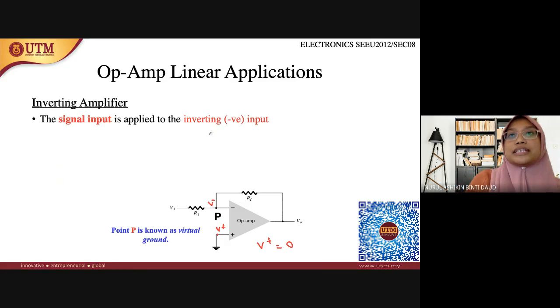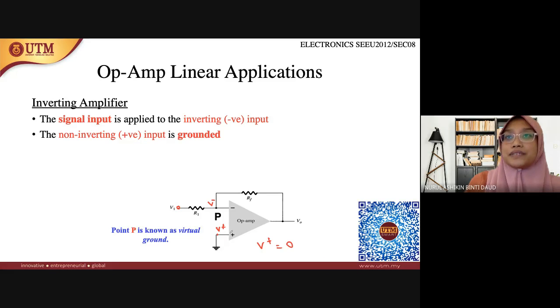The signal input is applied to the inverting input, the minus terminal. That's why it is called an inverting amplifier, because the signal, the voltage V1, is given at the inverting input, which is the negative part of the op amp, and the non-inverting, positive terminal input is grounded.